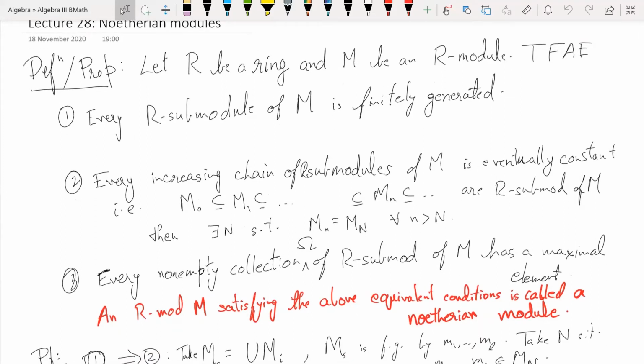Two: every increasing chain of R submodules of M is eventually constant, which means precisely that if M0 is contained in M1 is contained in and so on, are R submodules of M, then there exists N such that M_n equals M_N for all n greater than N. And three: every non-empty collection omega of R submodules of M has a maximal element.